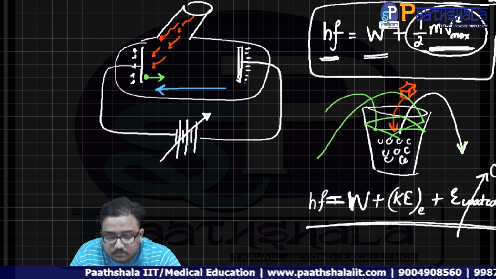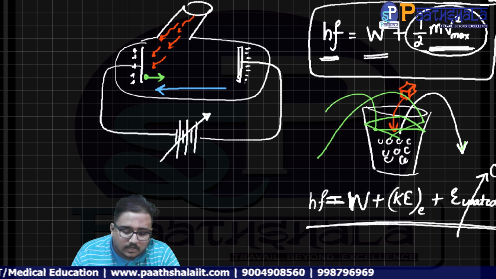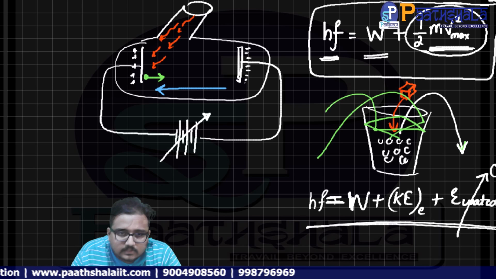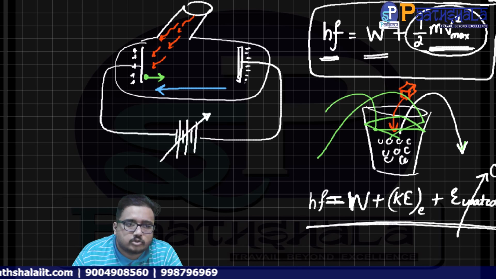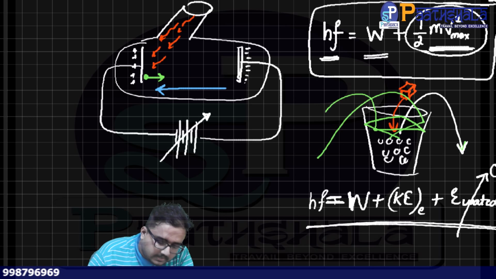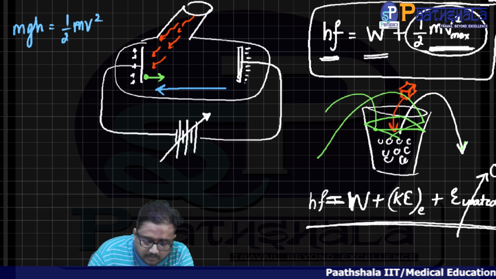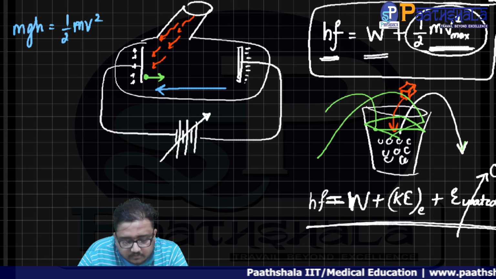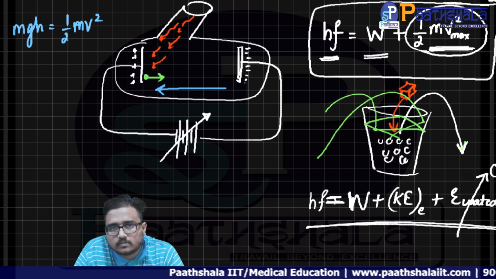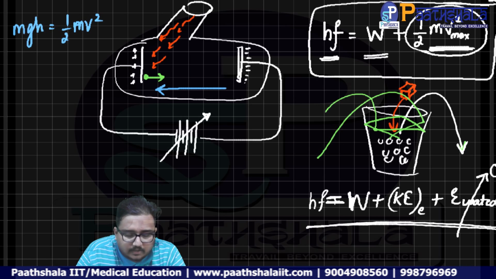The kinetic energy of the ball is propelling it forward, and the gravitational pull is trying to move it backwards. It will reach a maximum height such that mgh is equal to half m v square. That is, the kinetic energy of the ball will be converted into potential energy. Velocity will be converted into height.